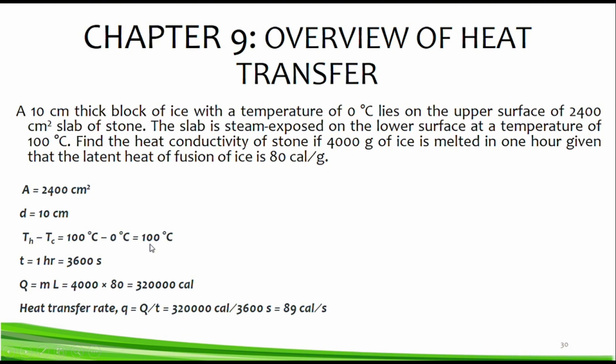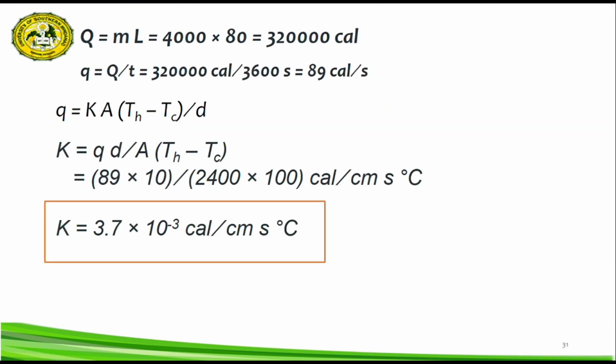By converting this into centimeter, we multiply it by 100, and by plugging this into our calculator, we get the thermal conductivity of 3.7 times 10 raised to 3 calories over centimeter second degree Celsius.